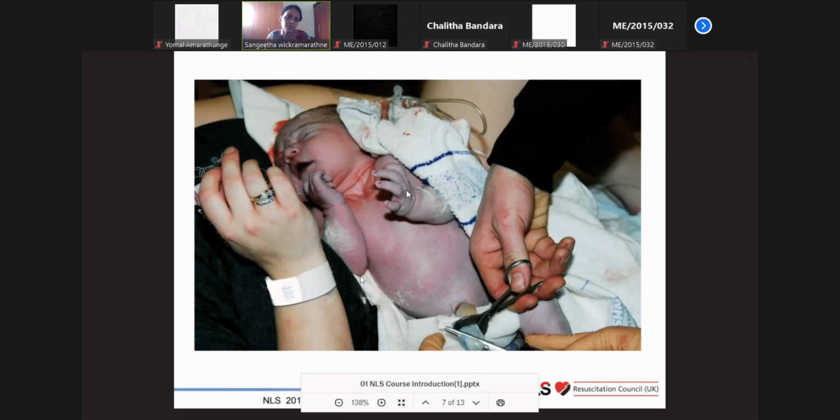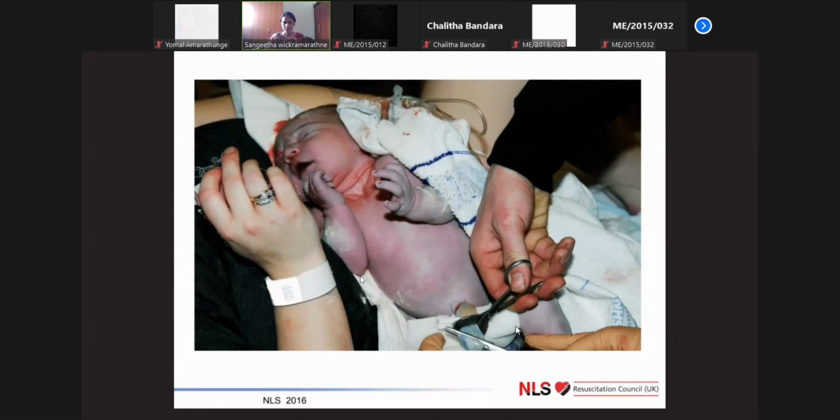The color of the baby I can't comment on in this picture, but the baby must be active. There's a good tone, both upper limbs are in flexed posture, and he has opened his mouth. Someone is cutting the umbilical cord. You can see the clamp, there should be another clamp the other way, and in between you cut the cord, right?